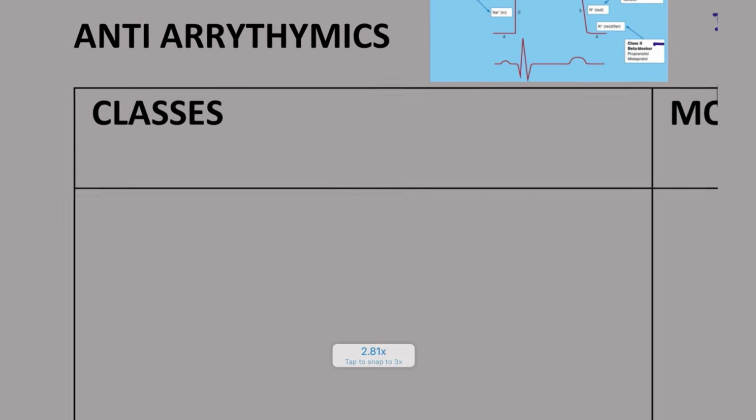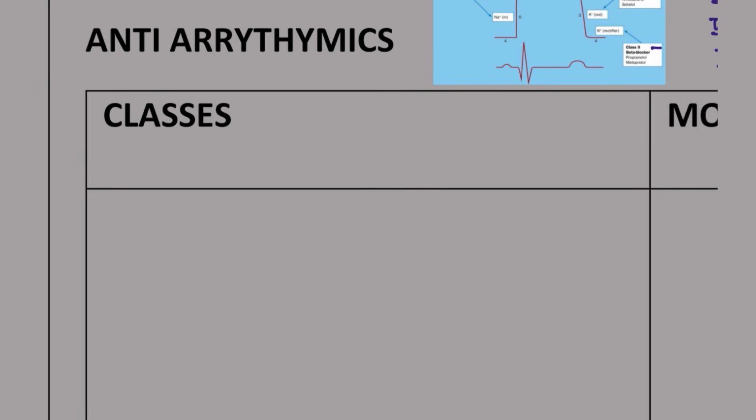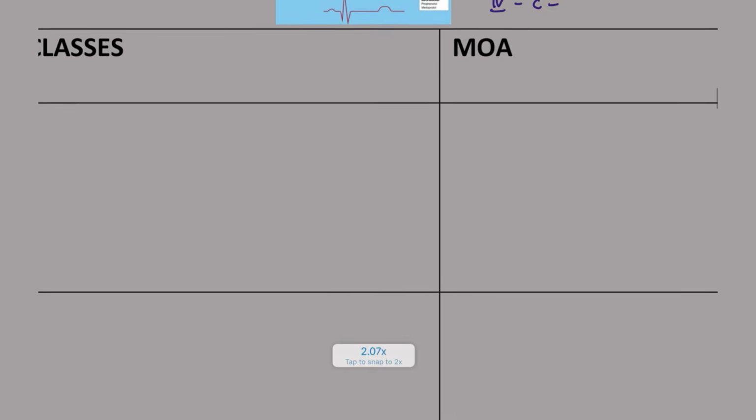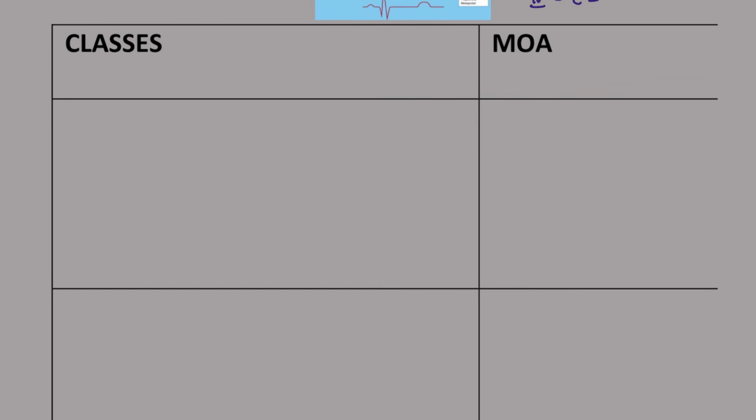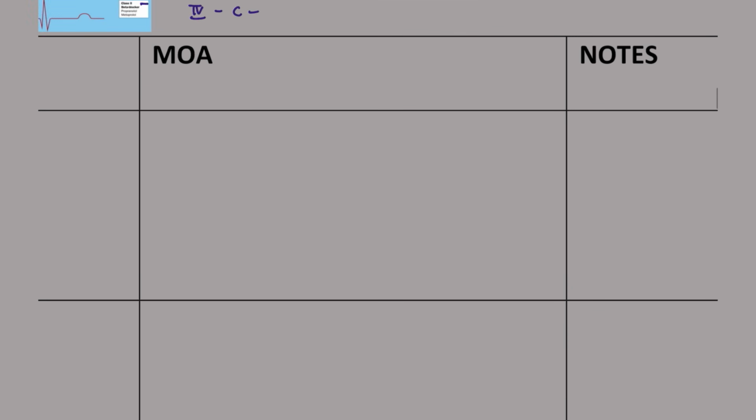We have the miscellaneous class also, that is class 5. Next, class 1 drugs. Let's see them one by one. As I said, class 1 drugs block the sodium channel, right? They most commonly act as sodium channel blockers, but are subclassified as 1A, 1B, and 1C. Let's see the mechanism.